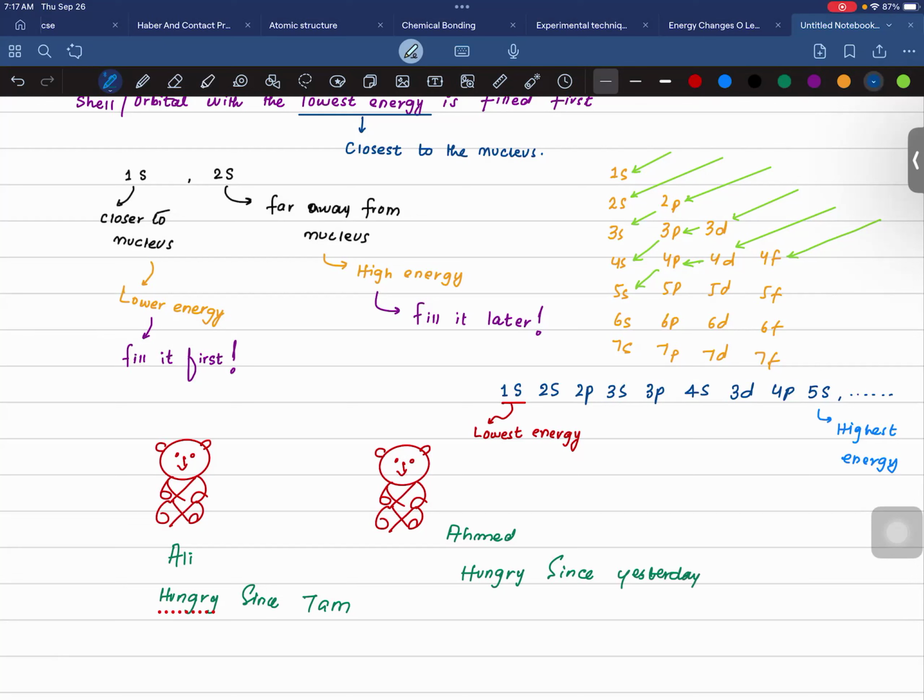It means that he is having the lowest energy. Even he cannot walk. He cannot move. He cannot communicate. He is having the lowest energy. And Ali is having the medium, the moderate energy.